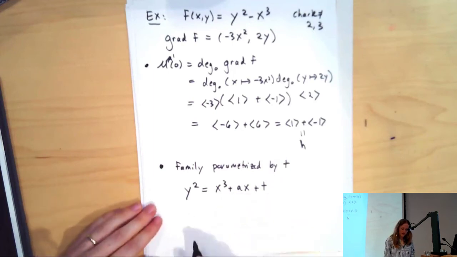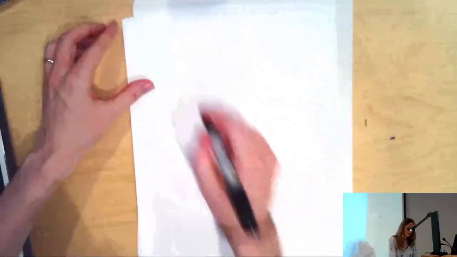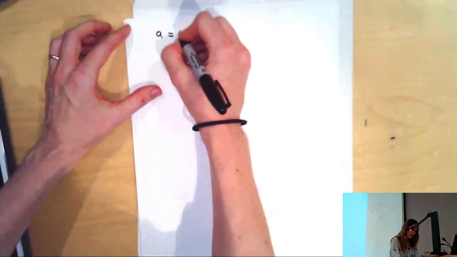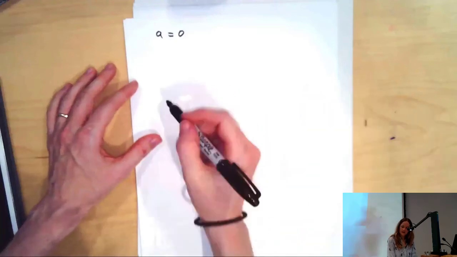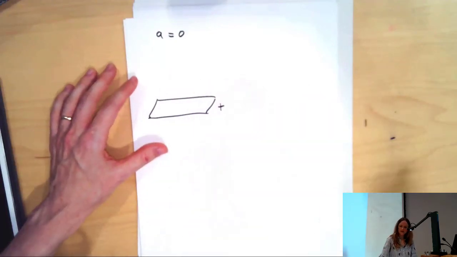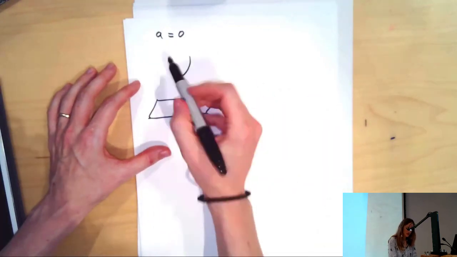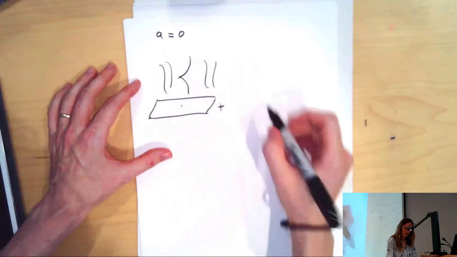And we have different choices for a. So when a is equal to 0, then this family, here's the t line, and when t is 0, we have this cusp, and other than that, we have smooth fibers.